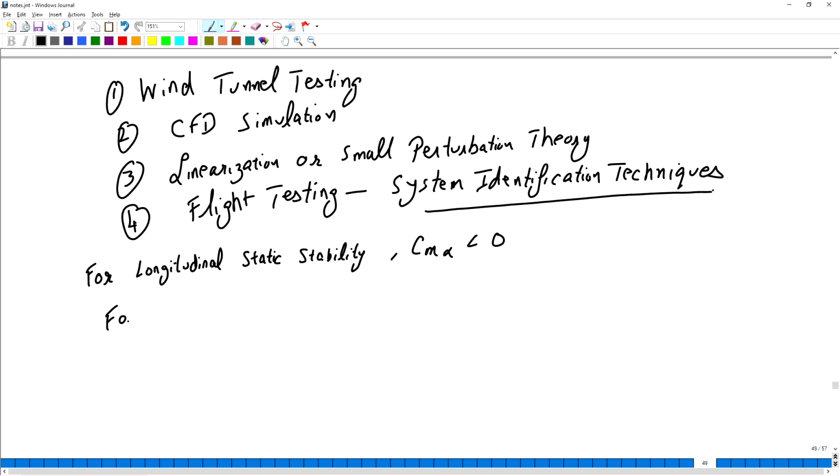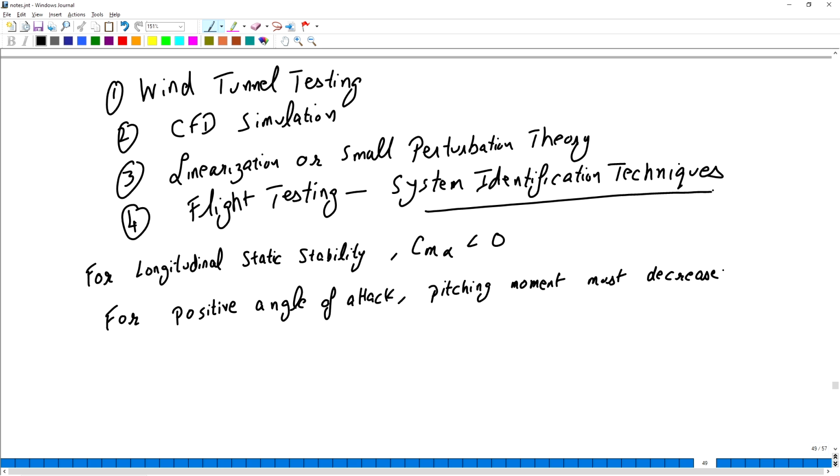So for positive angle of attack, pitching moment must decrease to bring nose down and restore equilibrium.